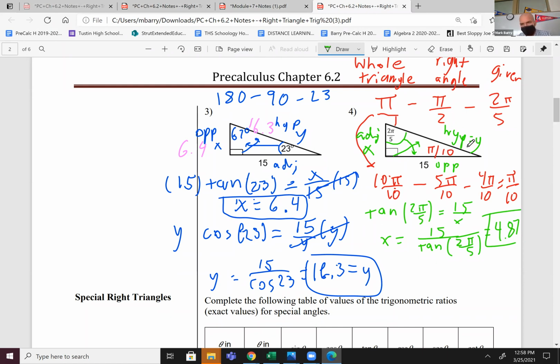All right, now we'll do the same thing for y, or not the same thing, but let's see, I know the opposite and I want to know the hypotenuse. So that sounds to me like a sine. So sine of 2 pi over 5 equals 15 over y.